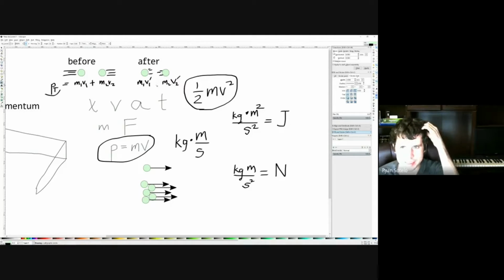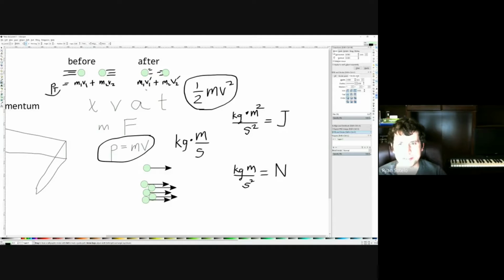But the idea is that whatever it is, they're going to add up to be the same as they were before. So if I can take the before situation and figure out the total momentum, that is a number, and these two things will add up to equal that number, no matter what.